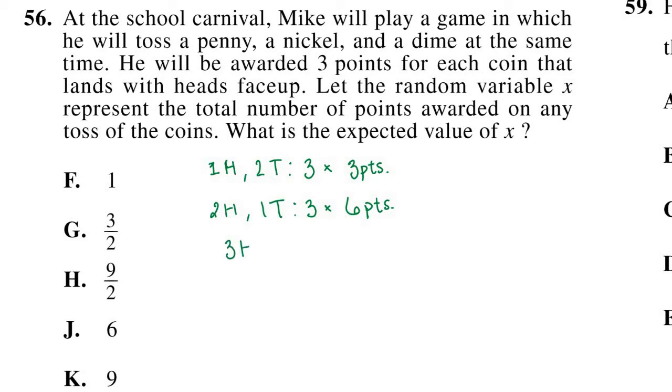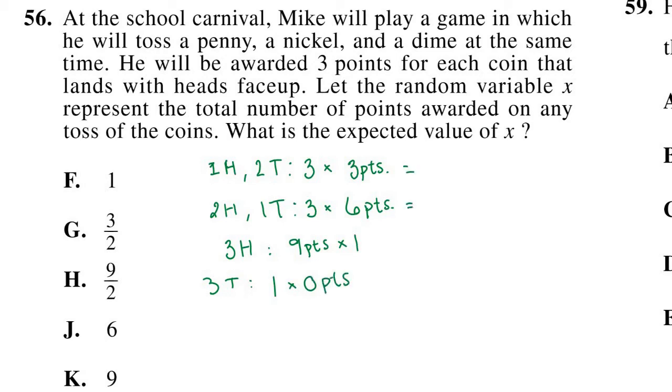Another possibility, all 3 are heads up, face up. This would give you 9 points, and it would only happen once. Our final possibility is all tails. So 3 tails. This would happen once and would give you 0 points.